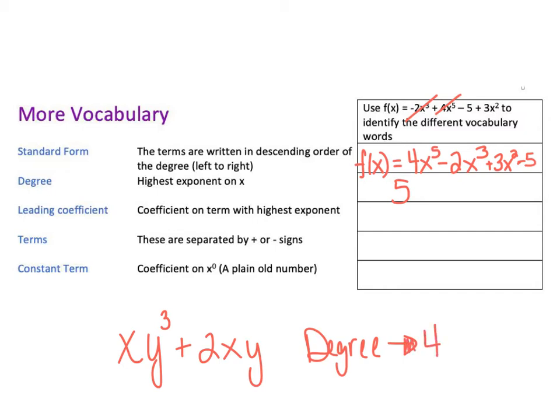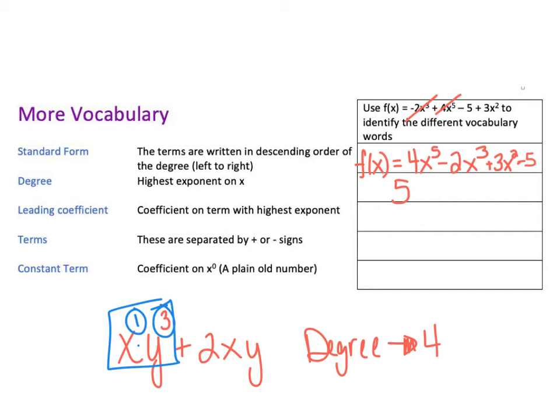Why is that? Because this term right here, which is held together by multiplication, has a degree of 1 and a degree of 3, and you find their sum to state that the overall degree is 4. Notice I did not need to sum anything here. I'm not adding these different terms together. It's just the one that's highest, and the exponent is only a 5 here.